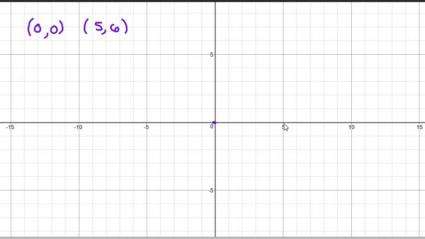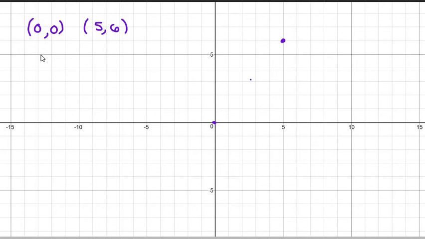Now 5, 6, we come over 5, we go up 6, which should be about right here. Let's see, wait a minute, 1, 2, 3, 4, no. We go over 5 right here. Let's go ahead and get rid of that point. So we want to find the midpoint between these 2 points, which is lying somewhere, I'm guessing, right in here. We'll just put a dot right there.